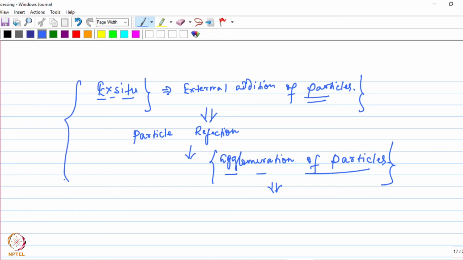Okay, so one way to overcome this is to have a process in which the particles can be generated within the matrix material without the need of adding them externally. So here the particles are generated in situ, and therefore such composites are known as in situ composites.